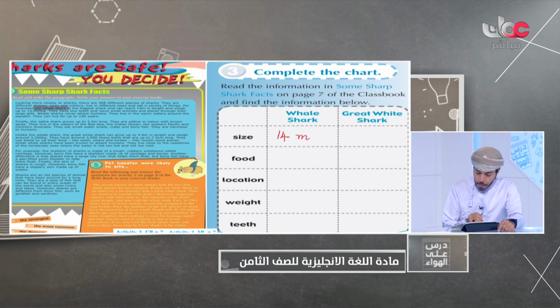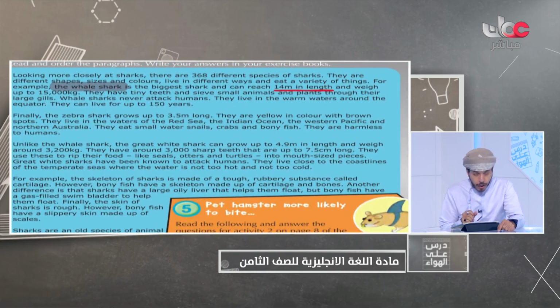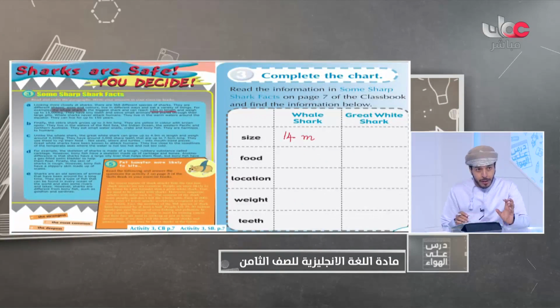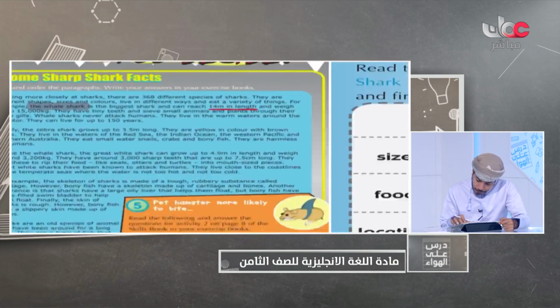14 meters. Good. I hope it's clear, like this one, because it's full. The text is a little bit long. So it is 14 meters. And then let's think about weight.